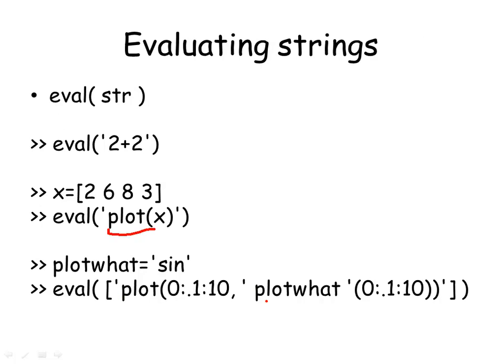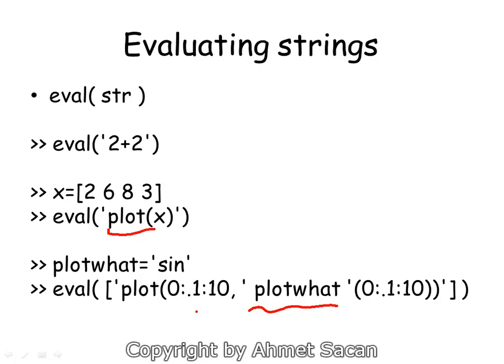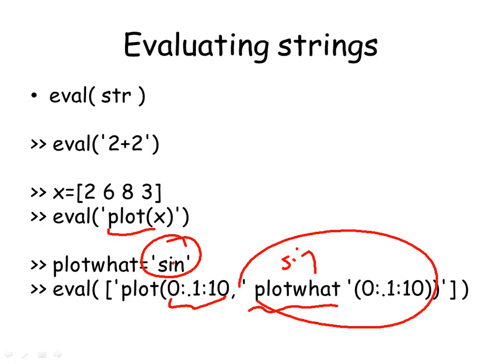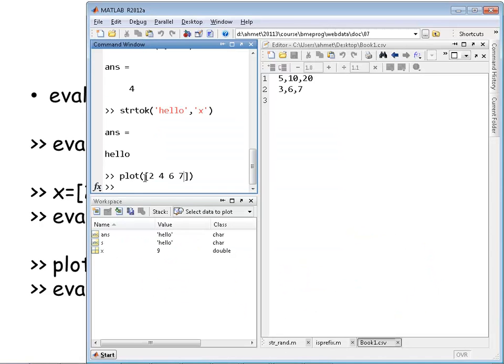Here I am constructing a function called the plotWhat, where its value contains the sign function. So this plotWhat will be replaced with sign, and I will get a plot of numbers from 0 to 10 with a step size of 0.1, and their sign with a step value of 0.1 also. Let's try that.